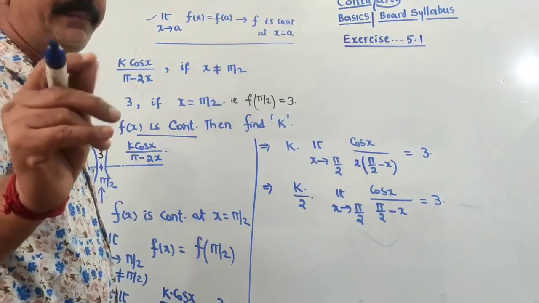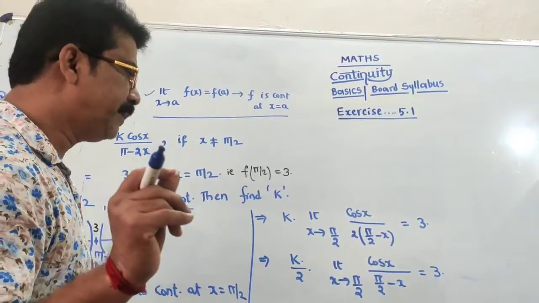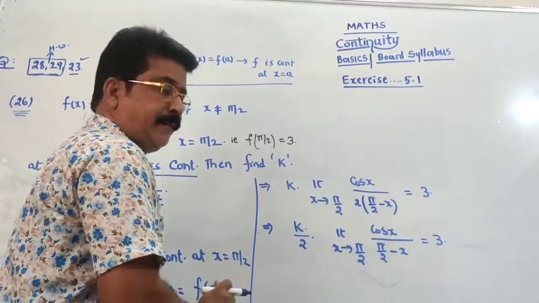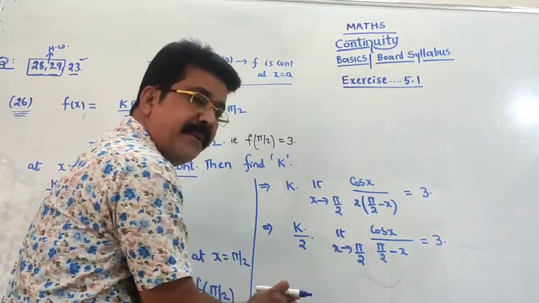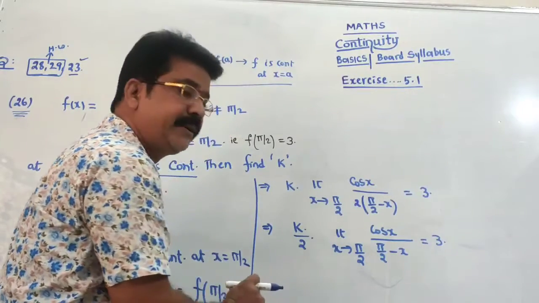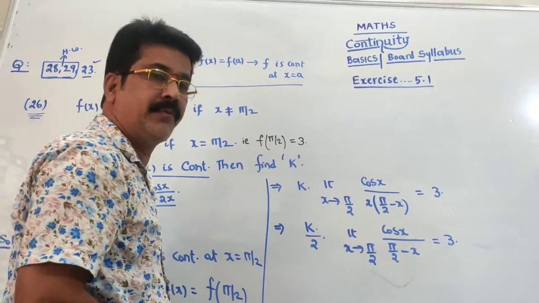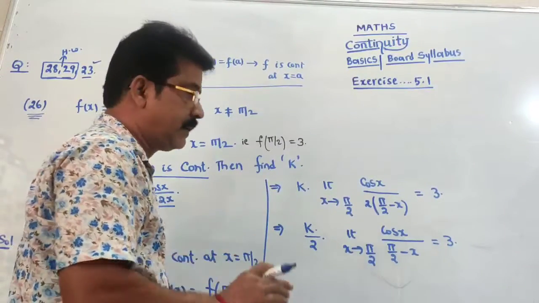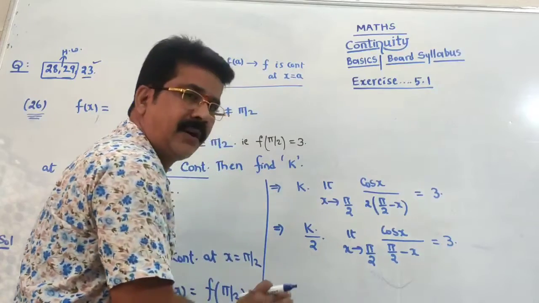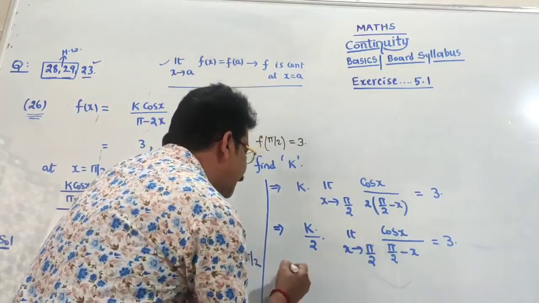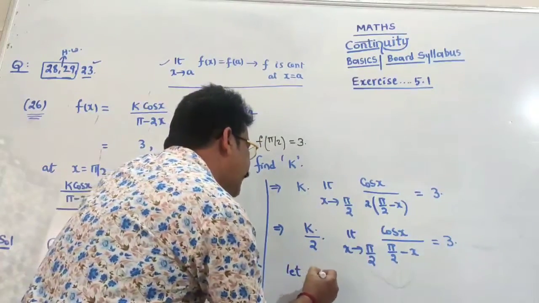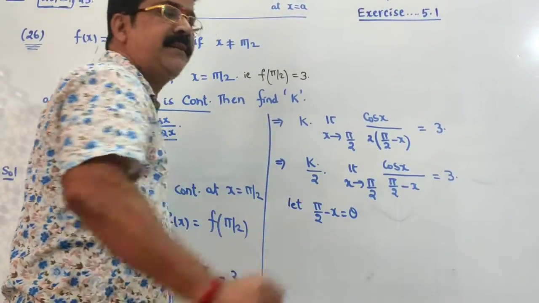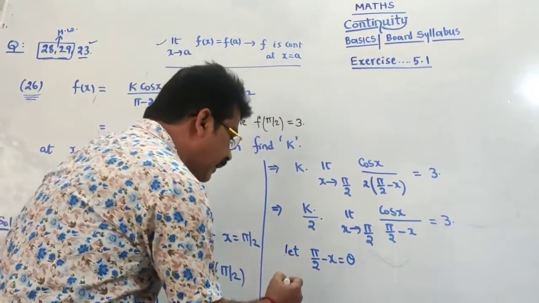I am introducing one simple separate method for that kind of questions, at x equal to pi by 2, at x equal to 3 pi by 2, at x equal to pi by 4, just like that. For all those questions, this is the easy method. What is that method? Let pi by 2 minus x be equal to theta.